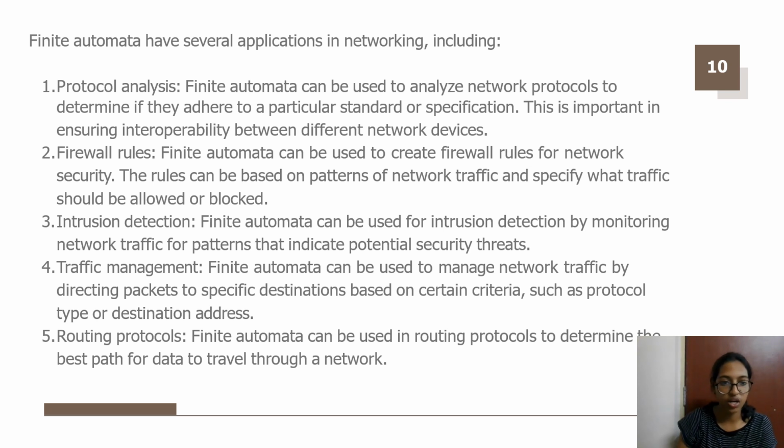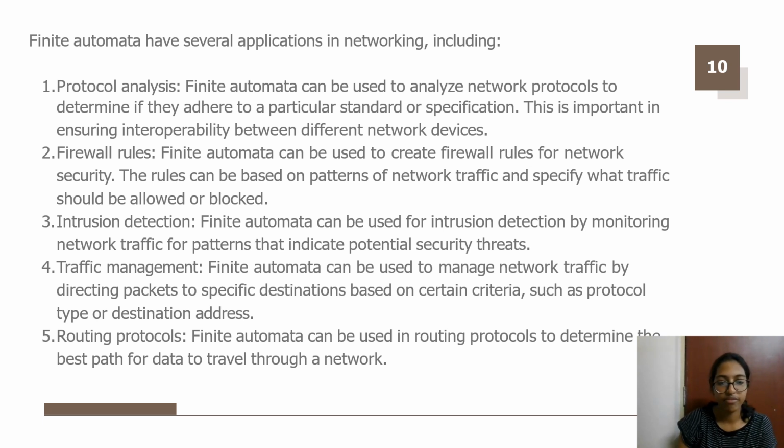This is important in assuring interoperability between different network devices. The second one is firewall rules. Finite automata can be used to create firewall rules for network security. The rules can be based on patterns of network traffic and specify what traffic should be allowed or blocked.